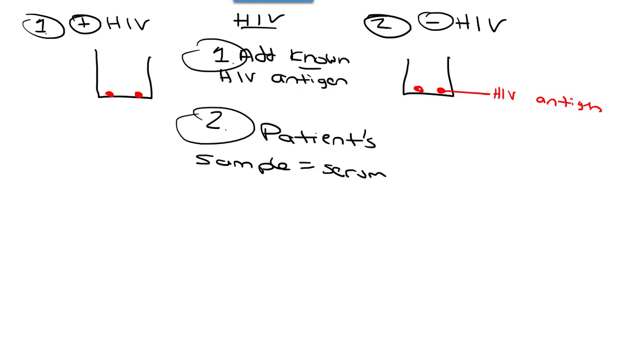It's not like there's just one, there's many. But remember, antibodies are really specific to their antigen. So patient 1 here, we already know is positive. This patient is going to have antibodies against HIV. What's going to happen is those antibodies are going to stick to the HIV antigen. Because remember, only if somebody has been exposed to that antigen will the immune system respond by making antibodies.